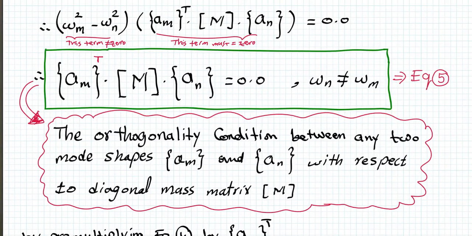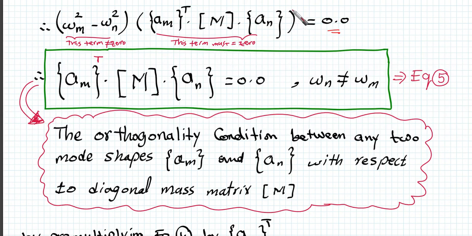Here we are going to have omega m squared minus omega n squared. This is the term after taking the common factor here, okay? And the right hand side we're going to leave it 0. So this term must equal 0.